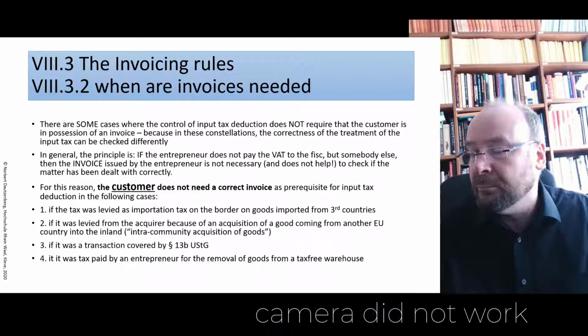Well, you don't need an invoice to check if that has been done correctly, because the fiscal office just has to check your own accounting and your own tax declaration. Did you pay the input tax which you want to deduct 2 pages later?